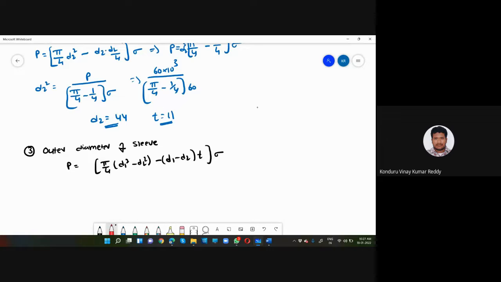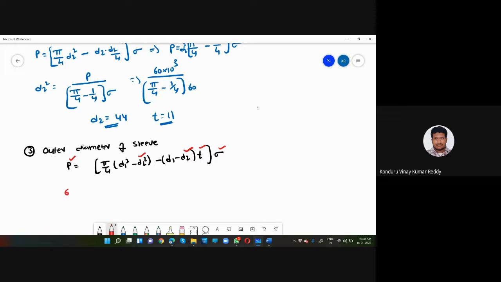Here in this formula we know what is P, we know what is D2, we know what is t, and we know the normal stress value. The thing is that we don't know the D1 value. Finding D1 is a bit complicated. Anyway, you have to find that value.